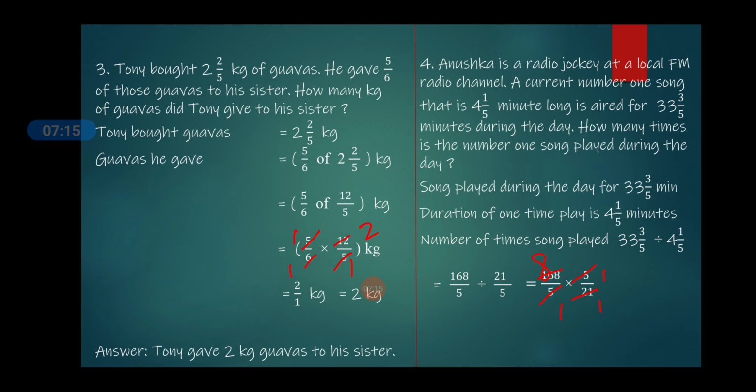After that we get 8 multiplied by 1 as a numerator and 1 multiplied by 1 as a denominator. So we write down 8 upon 1, which is equal to 8. In answer we can say the number 1 song played 8 times during the day.